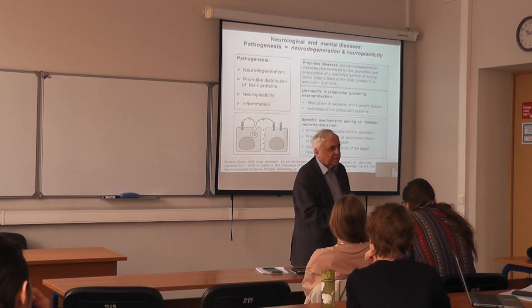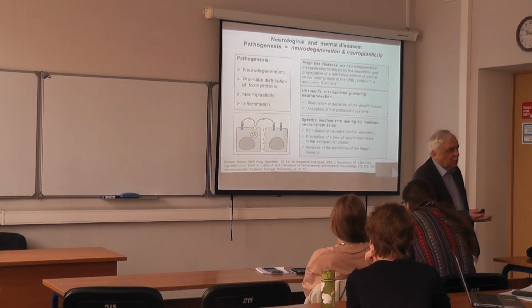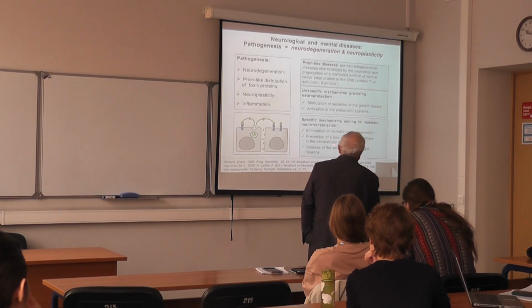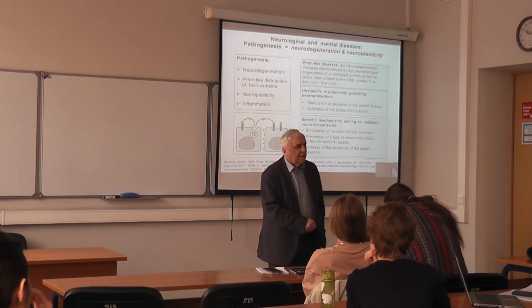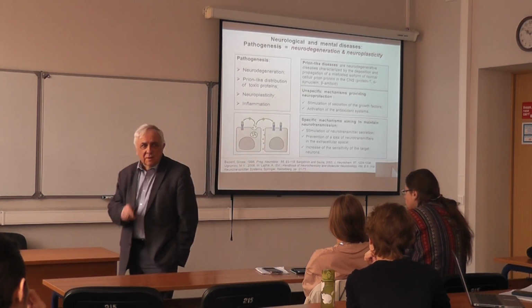If we are speaking about dopaminergic neurons, it means that the neurotransmitter is dopamine. And what are the mechanisms of prevention of a loss of dopamine in the extracellular space? There are two mechanisms at least.